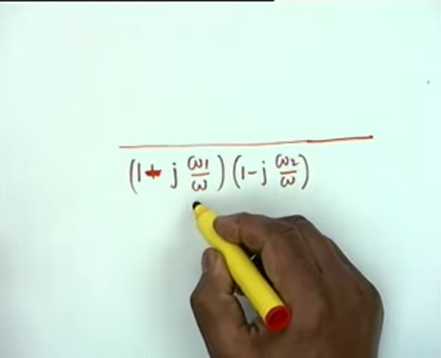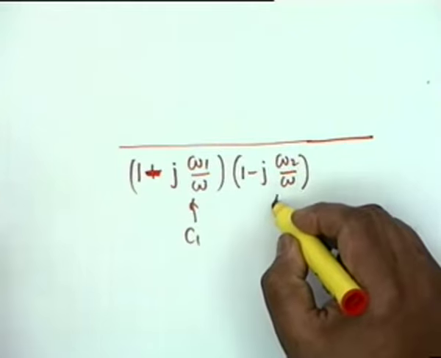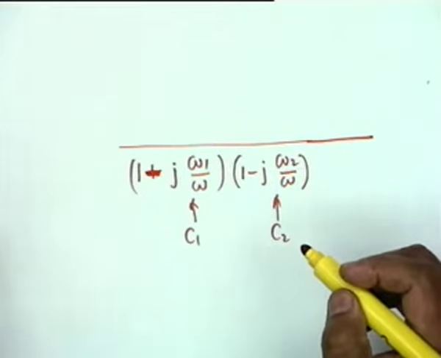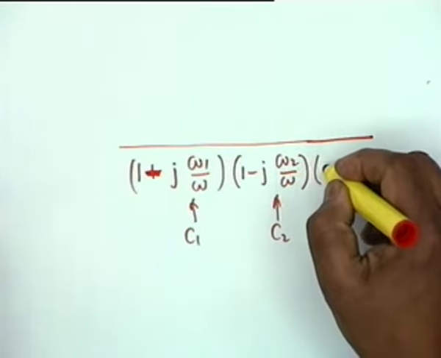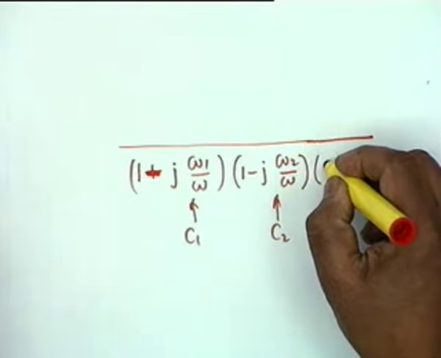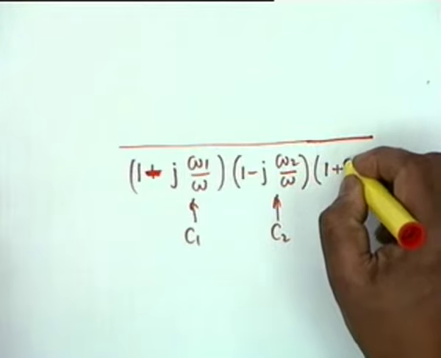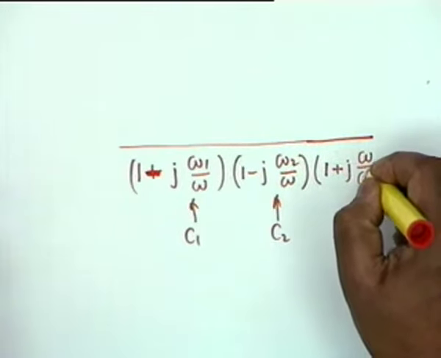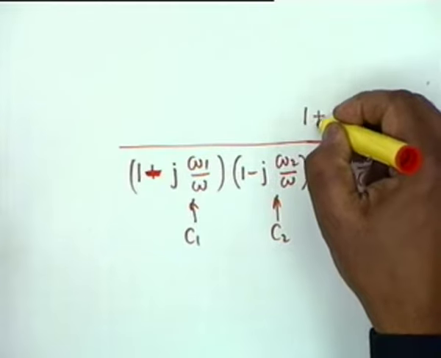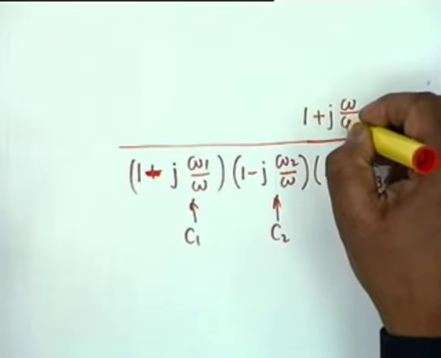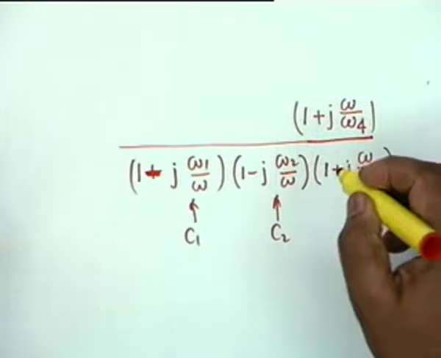This is due to C1, due to C2. Due to CE we shall have a pole of the low pass type 1 plus j omega by omega 3 and a zero, that is 1 plus j omega by some quantity omega 4.